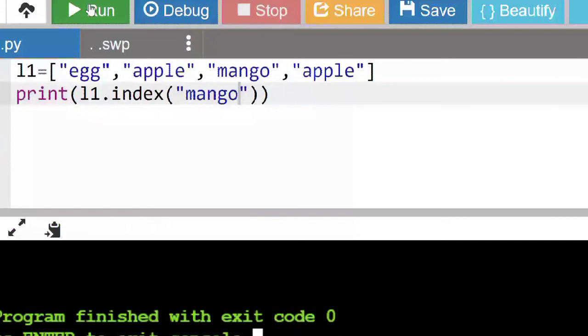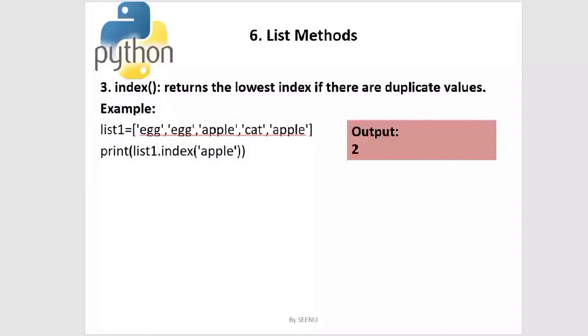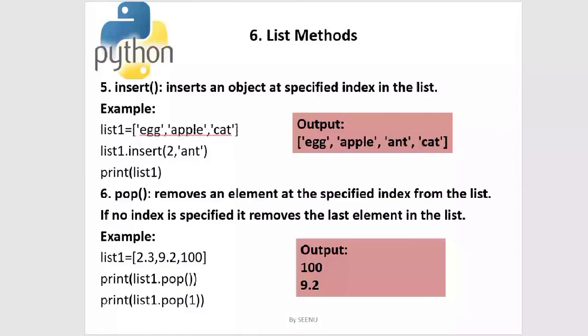The next method is called the insert method. It can insert the specified object at a specified index in the list. There is a list: egg, apple, some cat and so on.